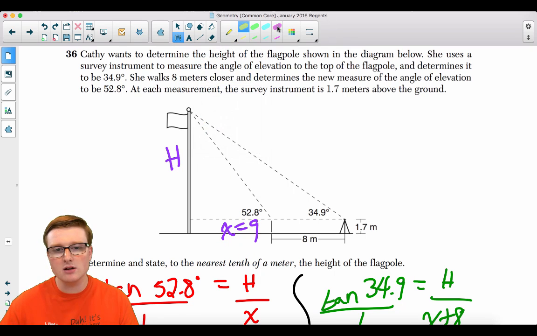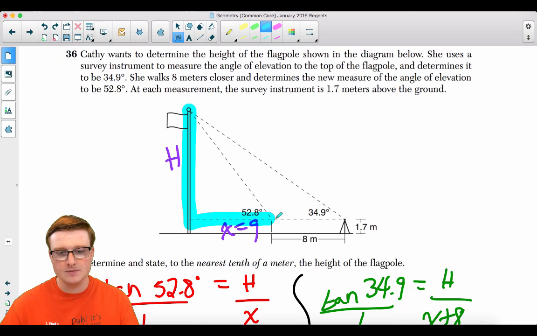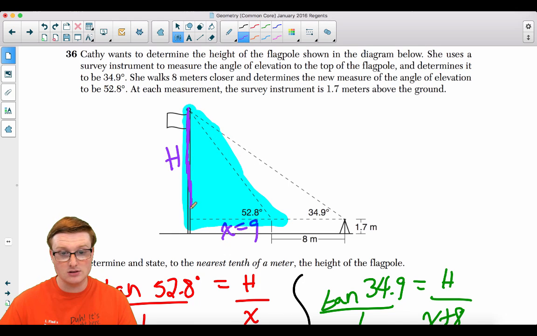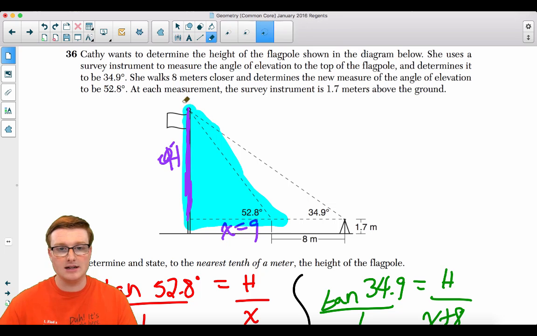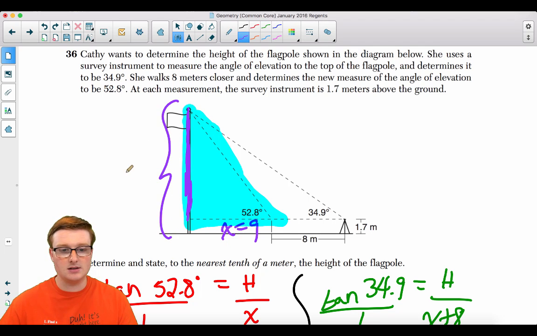Isn't this a little triangle right here? And we could use very basic trigonometry to get this piece over here. I'm trying to get that height, but I'm not going to call it big H. Big H is all of this.